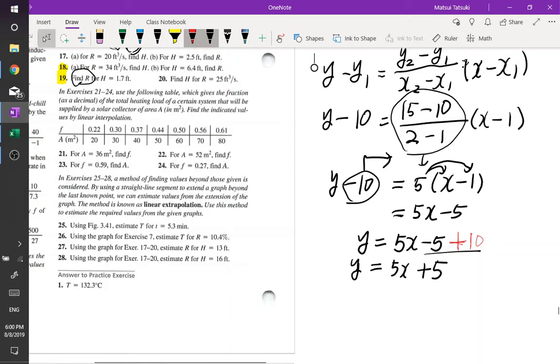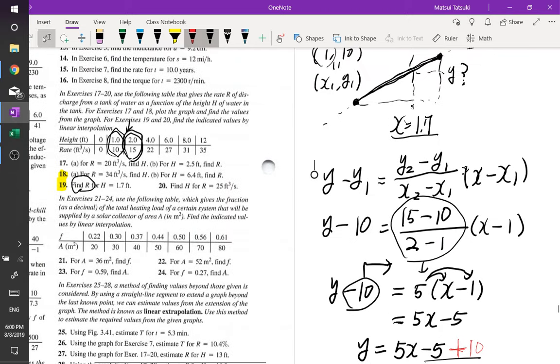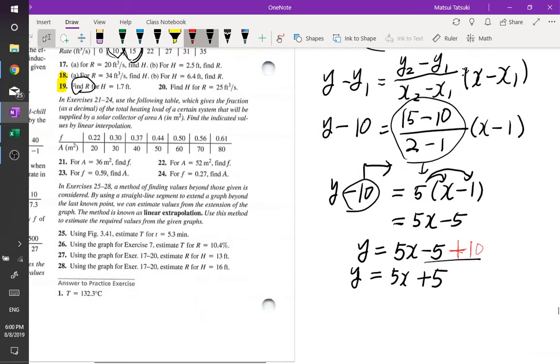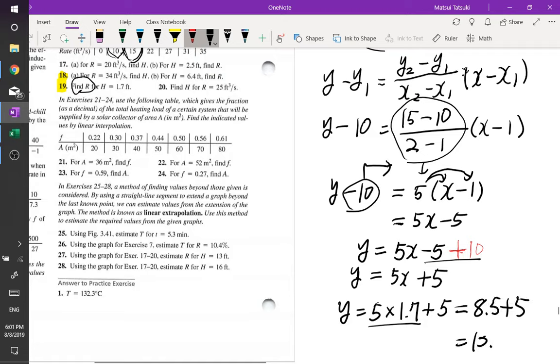So when x is 1.7, how much is the y? Well, 5 times 1.7 is 8.5. 8.5 plus 5 is 13.5.